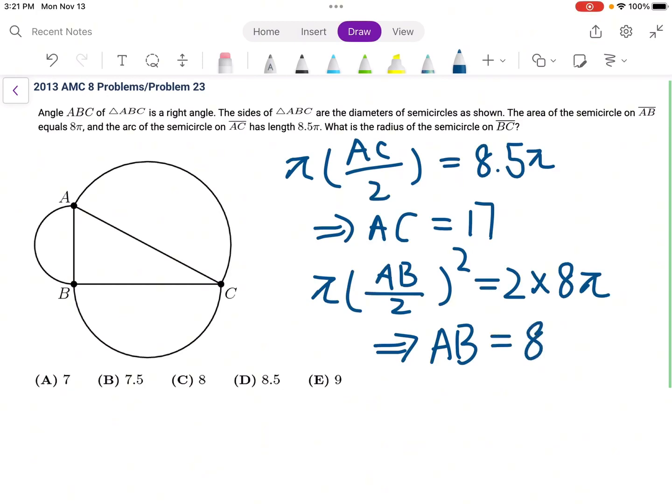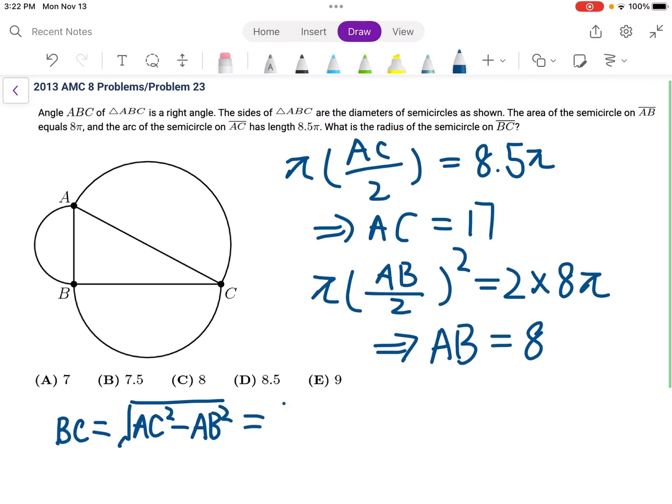Because angle ABC of the triangle ABC is a right angle, that means BC equals the square root of AC squared subtract AB squared.